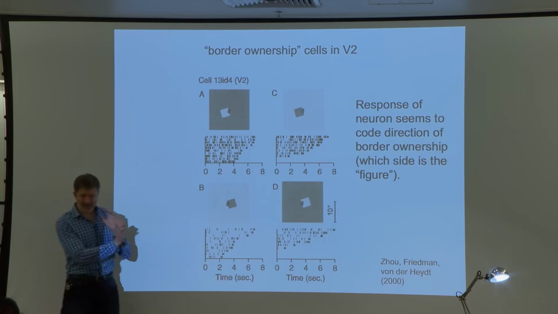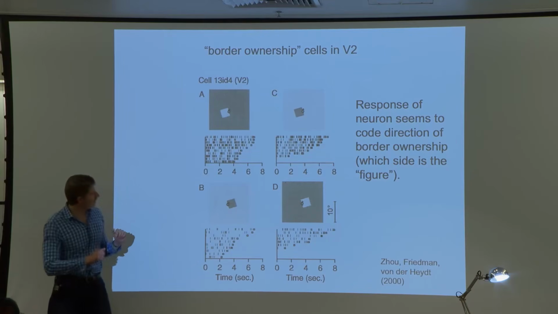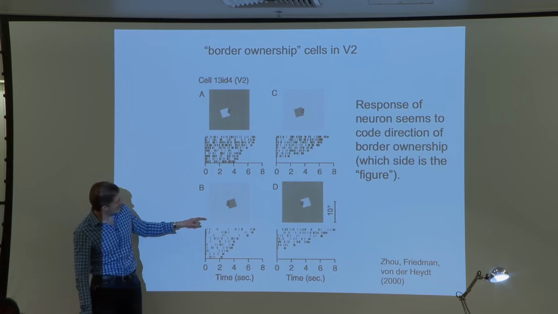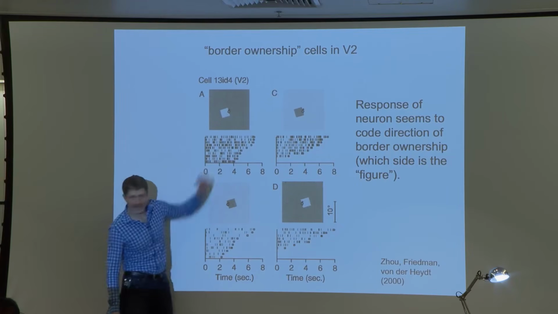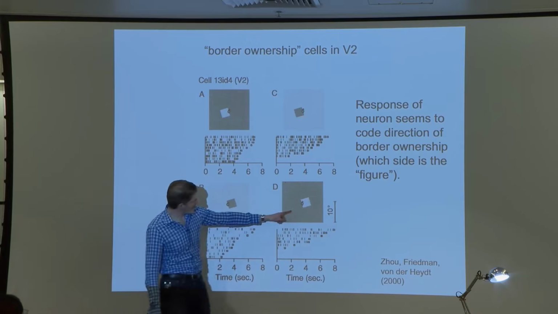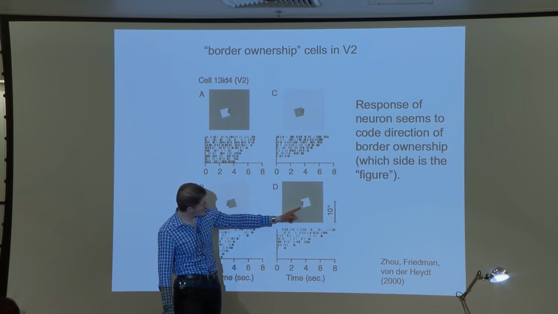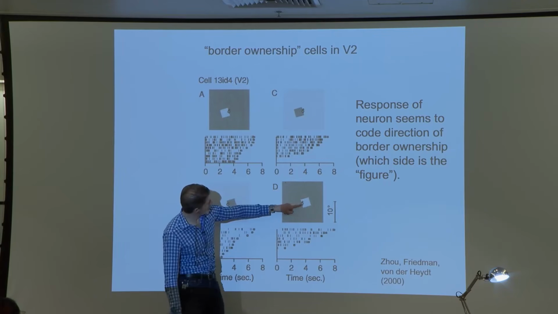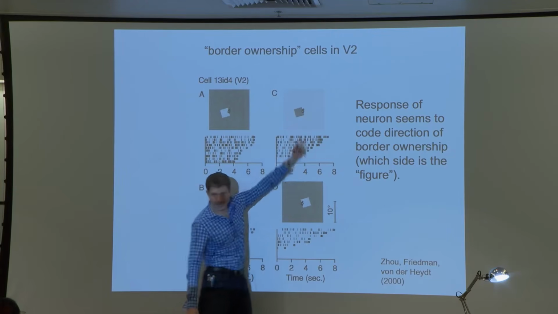So this is another example of local ambiguity, but the rest of the image gives you a bunch of information indicating that either this side is figure or this side is figure. And then here's the alternative version where, again, the square is on the right side, but the contrast is flipped. So now the local stimulus is the same as the one up here.